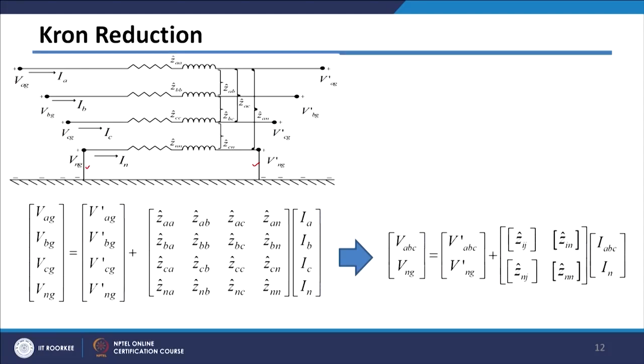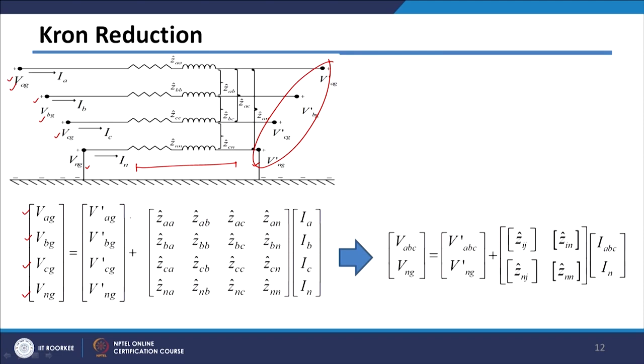Consider the voltages at this terminal of all the conductors with respect to ground. So, VAG, VBG, VCG and VNG, all four conductor voltages will be represented like this. They will be the voltages of these conductors at these terminals plus the drop which is happening in this part of the feeder.